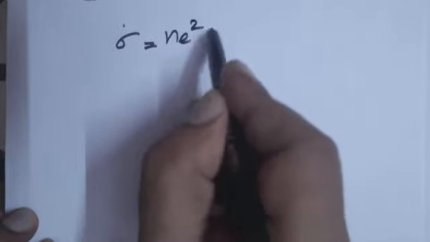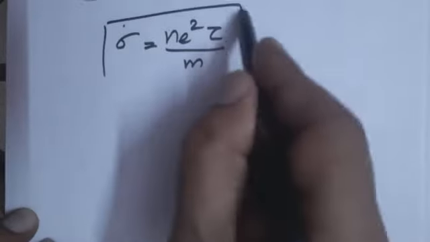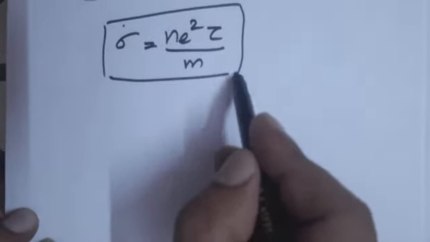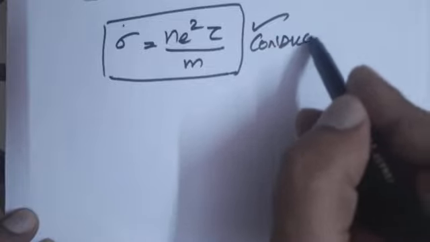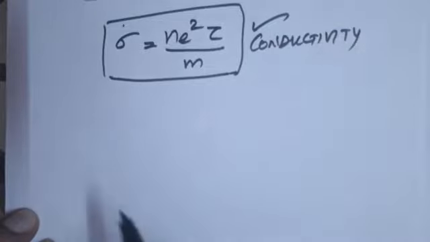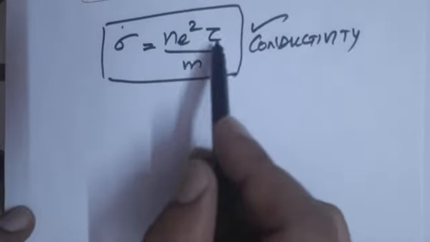Right, we arrived at the equation for conductivity, sigma as n e square tau by m.